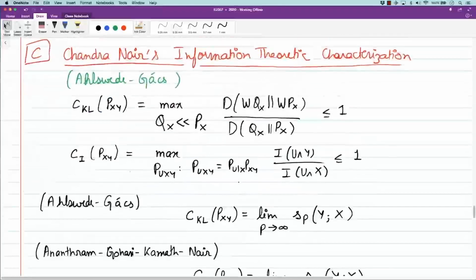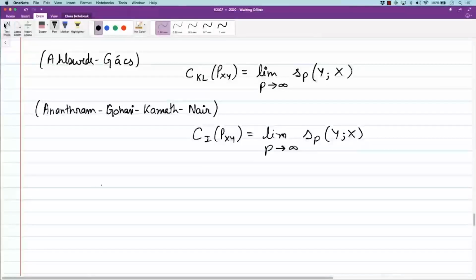And what we will show now is a much more refined relation between strong data processing inequalities and hypercontractivity, which will recover all of these results. This is the result due to Chandra Nair. So what is that result? I'll just call it a theorem. Before I say the theorem, I need some more quantities to be defined.